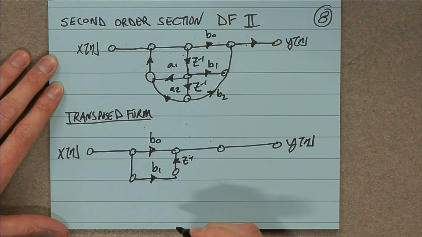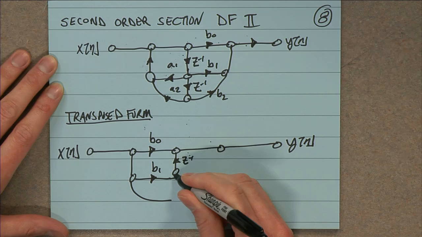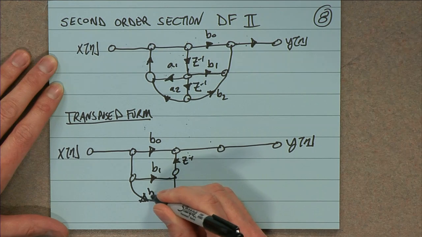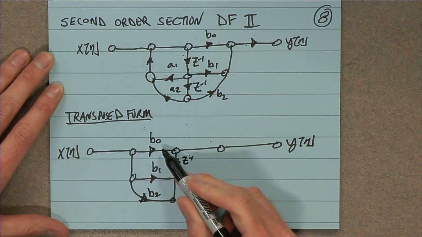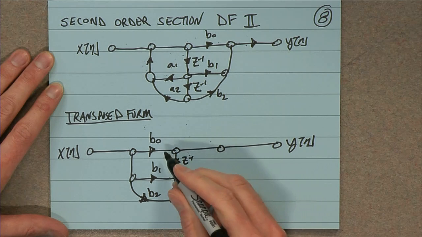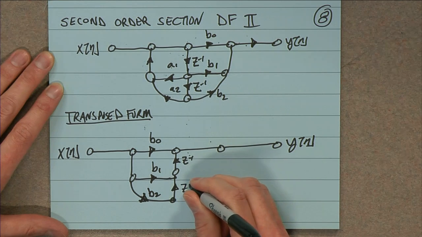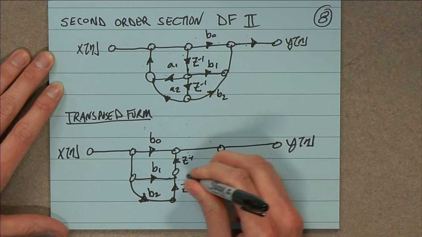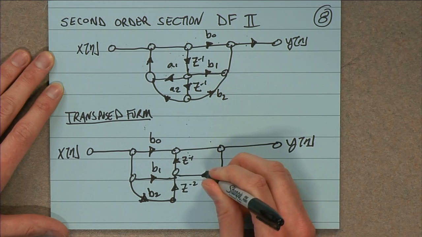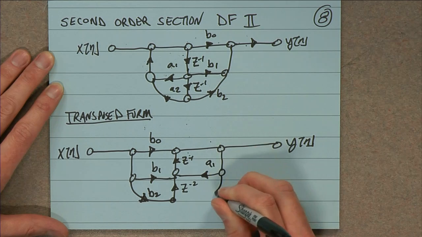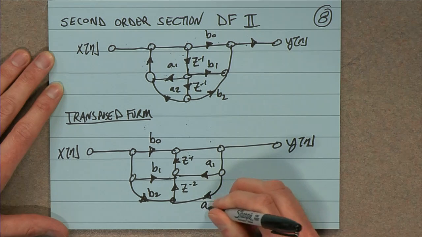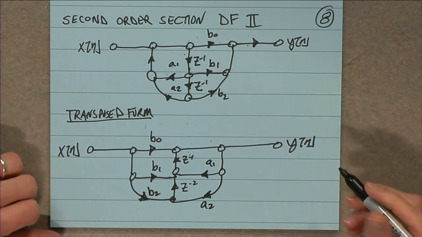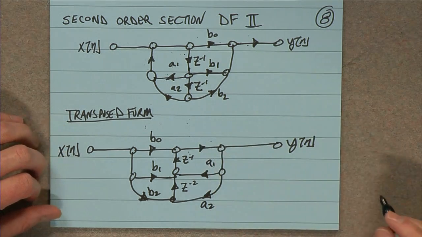All the B1s are there. So now, what's happening? You can now see we're basically doing the B coefficients first in the transposed form. In the previous one, we were doing the A coefficients first. So we've got A1, and that's A2. So there's our transposed form.